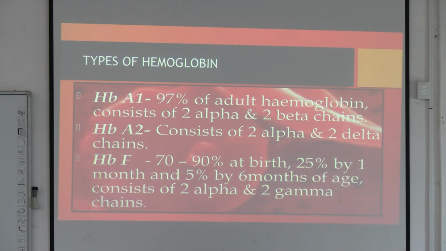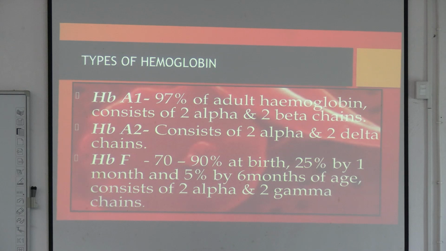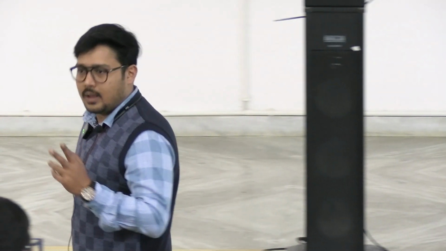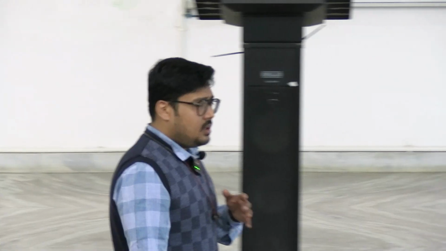Another hemoglobin predominantly present in our in utero life is hemoglobin F, composed of 2 alpha chains and 2 gamma chains. 70% to 90% of hemoglobin F is present at the time of birth, and subsequently its portion tapers off with advancing age.